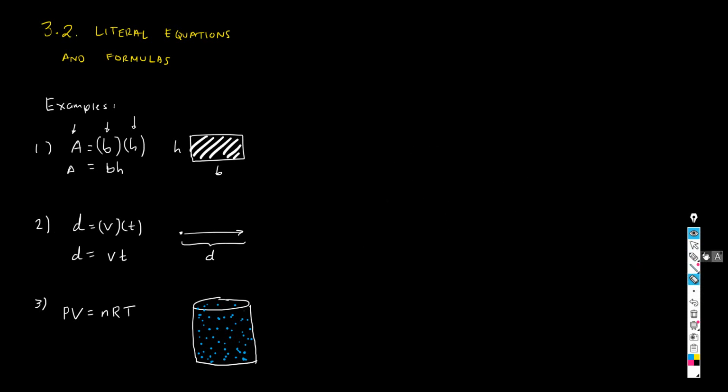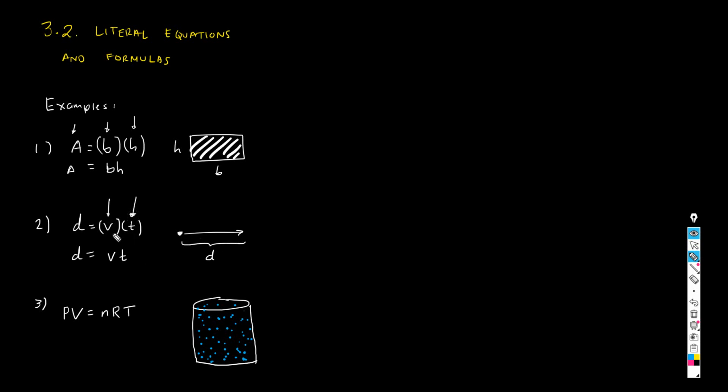Now what about number 2? For example, what does this say? It says d equals vt, and we can interpret this as the formula for the distance traveled by an object. This is my object, traveling in this direction. The distance in terms of the velocity of such object, how fast it's going, and the time that it is going to be traveling, right?